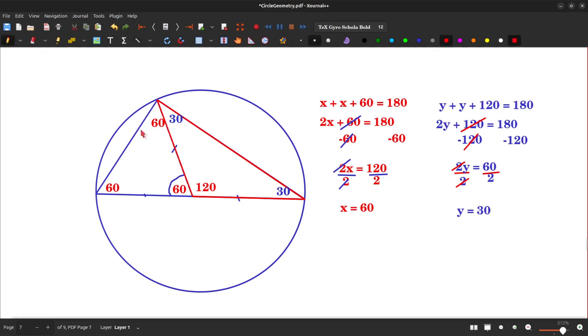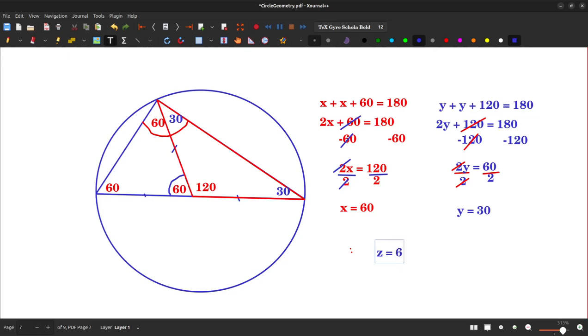This angle here, we are looking for this one. The part of it is 60 degrees and then the other part of it is 30. So if we combine the two, we are going to get its value.